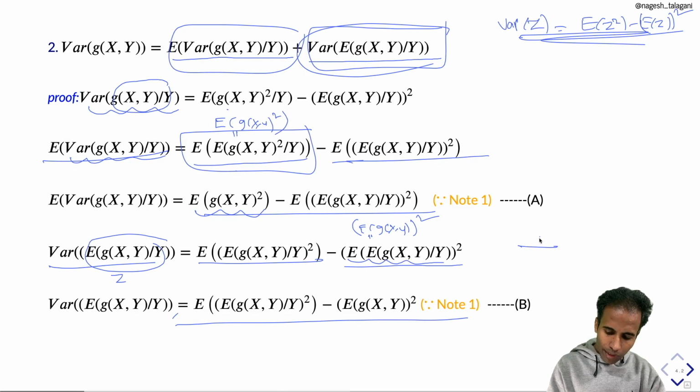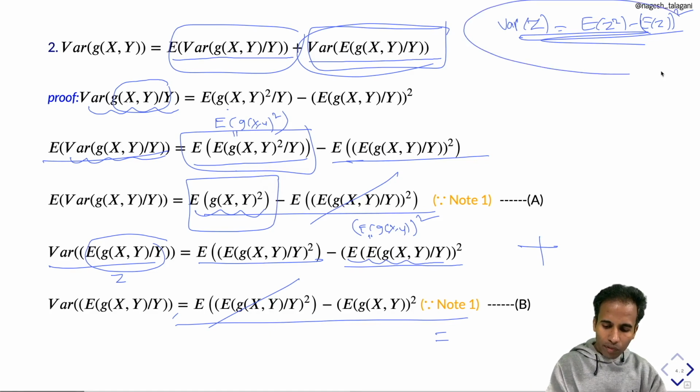Now let us add a plus b. If you add a plus b, this one gets cancelled. On the right-hand side we will be left with the expectation of g(X,Y) whole square minus the expectation of g(X,Y) whole square.